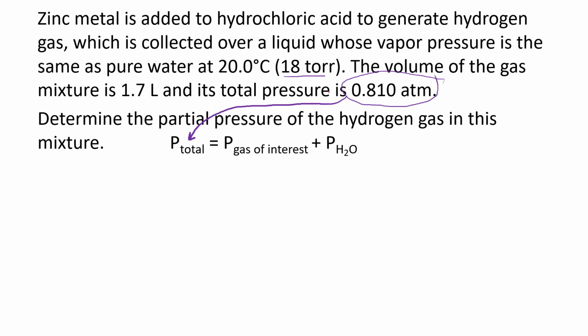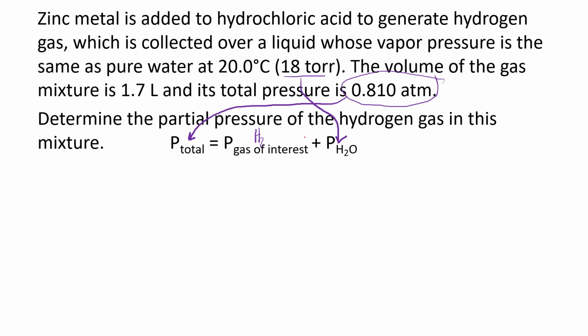In this case, our gas of interest is our hydrogen, and we can use this pressure in place of water. So instead of collecting it over water, we collected it over some other random liquid. Doesn't matter. The vapor pressure is the same idea. You still will have whatever that other random liquid is turned into a vapor above the liquid.